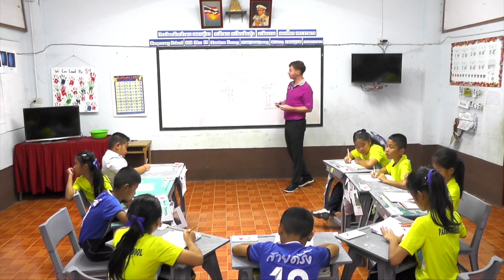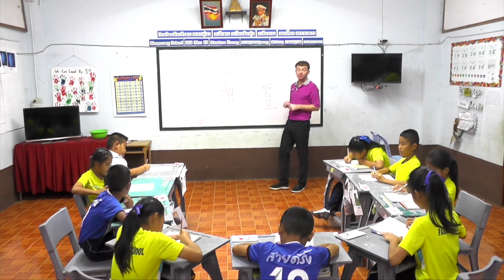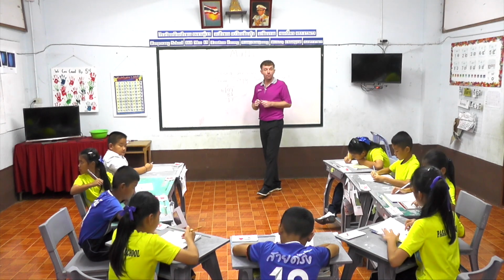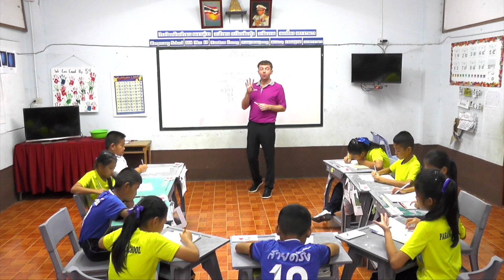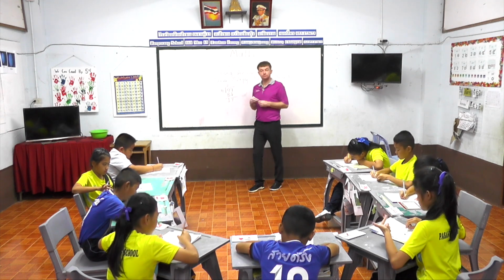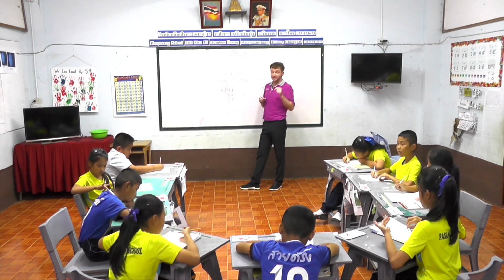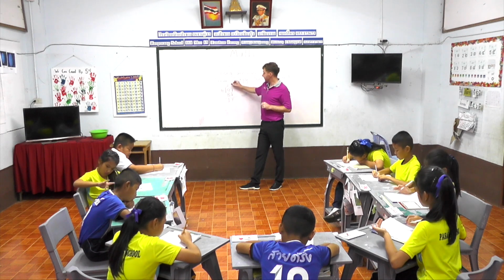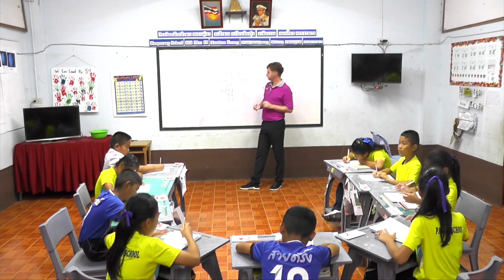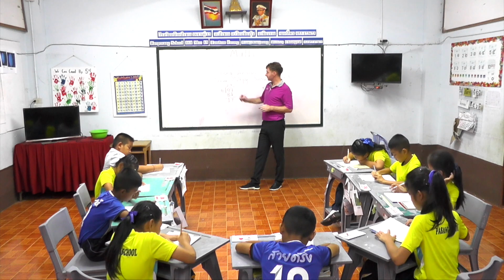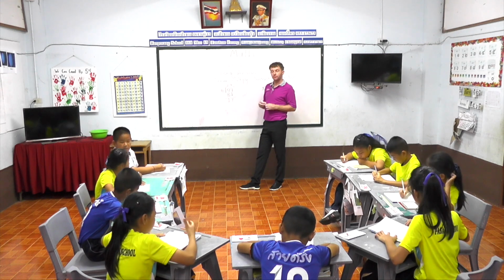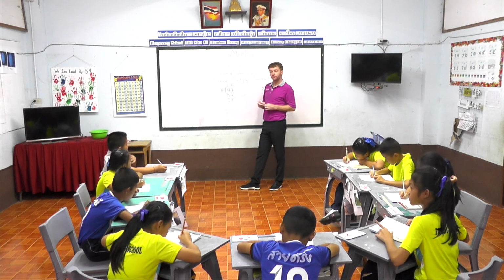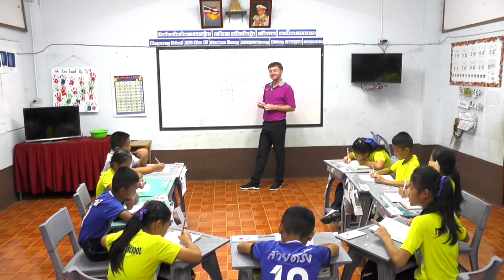So now 17 divided by 4. How many times does 4 go into 17? Goes in 4 times. 4 times 4? 16.